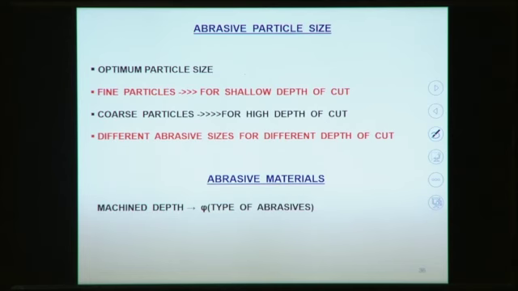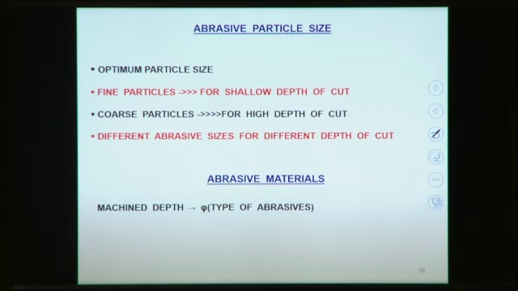So fine particles are used for shallow depth of cut, and coarse particles are used for high depth of cut. So different abrasive sizes are used for different depths of cut. These are optimized from preliminary experiments.